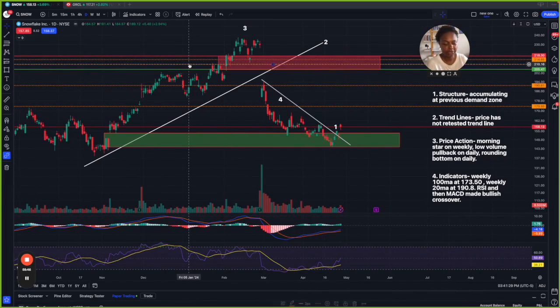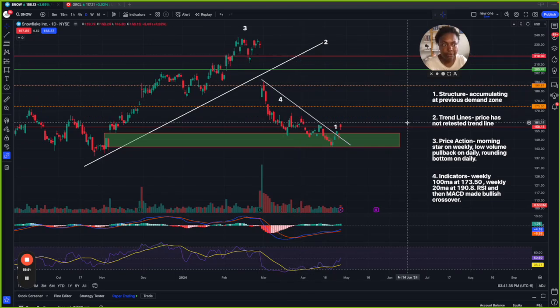Now, I'm gonna go ahead and delete these levels here. We're just not even up there. I don't need all the extra noise on my chart.